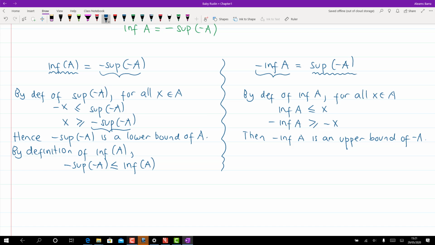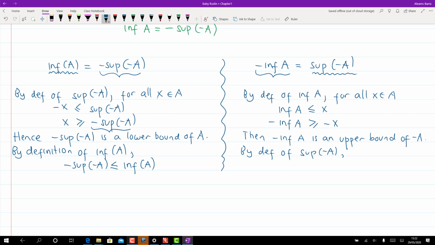Now, by definition of the supremum of minus A, this supremum is the smallest upper bound. It's the lowest upper bound, right? So if we have another upper bound, that upper bound must be greater or equal.